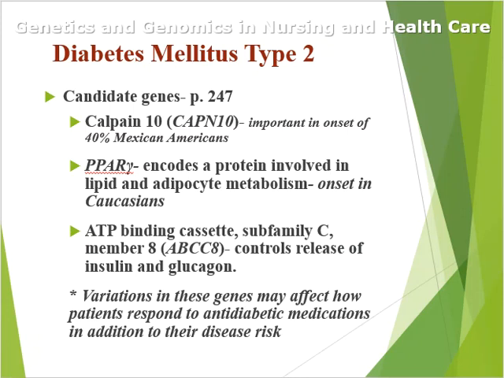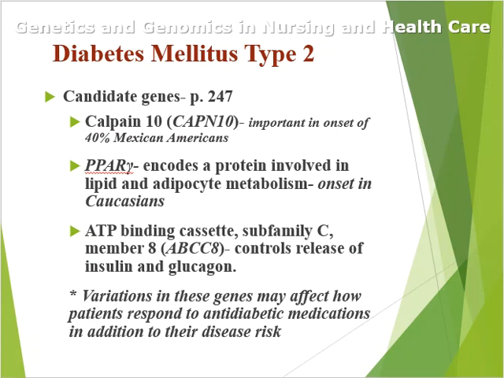And then you can see in Caucasians, there's a different gene that seems to be the predominant factor for development of diabetes type 2. And there is the ATP binding cassette subfamily C member, ABCC8, and that controls the release of insulin and glucagon.